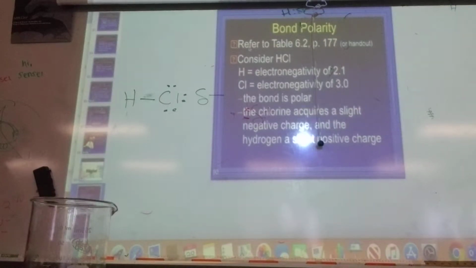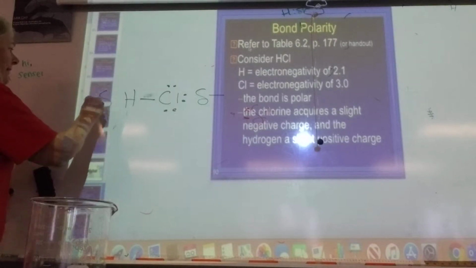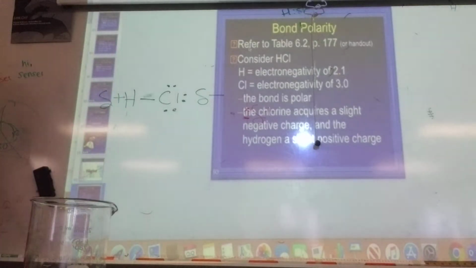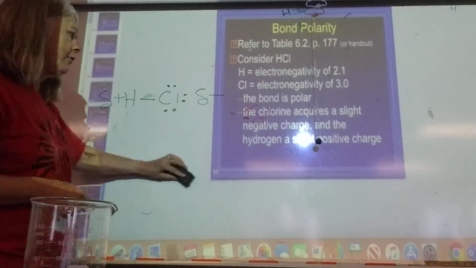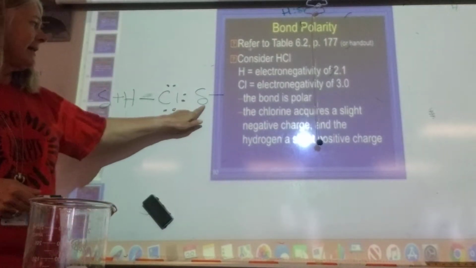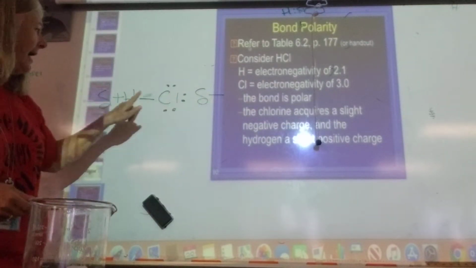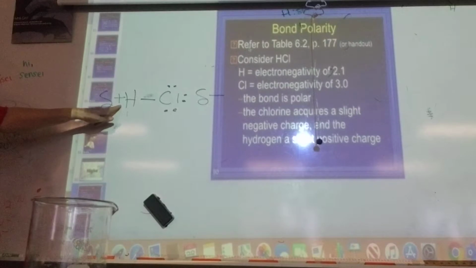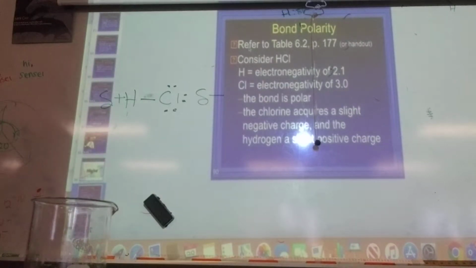That's a lowercase delta, and we'll see that again on the next slide. And it's going to leave this electron deficient, so that's going to have a partially positive charge. So chlorine is going to acquire a slightly negative charge, and hydrogen is going to acquire a slightly positive charge.